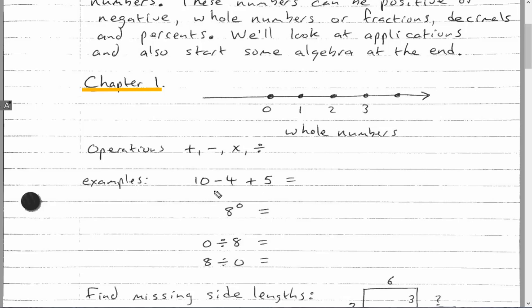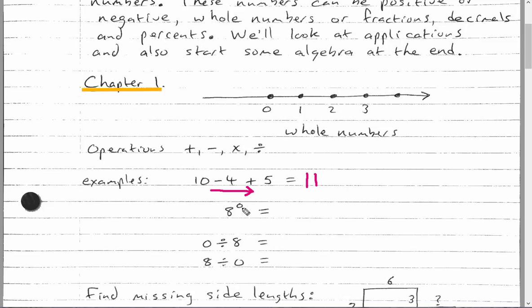Well, for additions and subtractions, you have to go from left to right, so it's really 10 minus 4 first, that's 6, plus 5. So hopefully you got 11. So this whole idea of what's the correct order of operations, what's the priority, we'll get into that first.